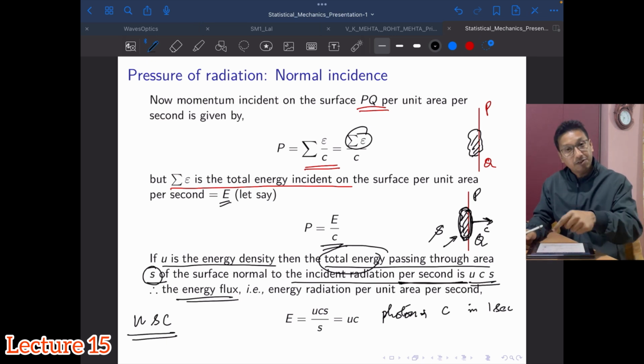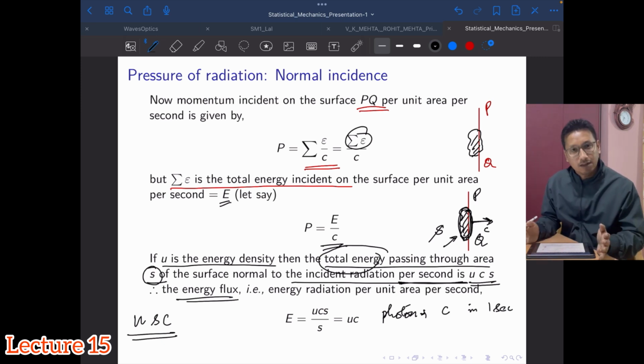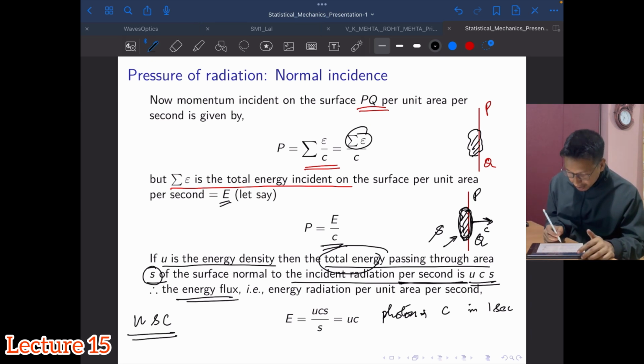So energy per second we have calculated, UCS. So energy per unit area per second will be the total energy divided by the total area of the surface, so I get the energy flux, which is UCS by S. So I end up with UC, isn't it?